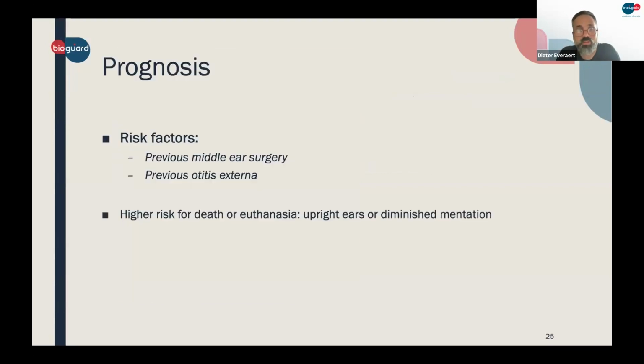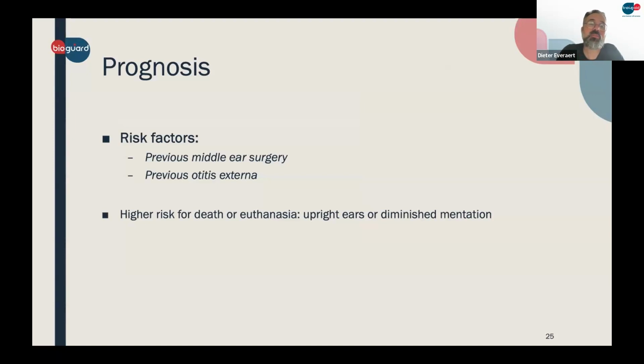So the pain relief was already mentioned. Now, prognosis. What are the risk factors for getting a head tilt? One important thing is previous middle ear surgery; quite often it can come back, either in the same ear or the other ear. And previous otitis externa can cause otitis media or interna later on.